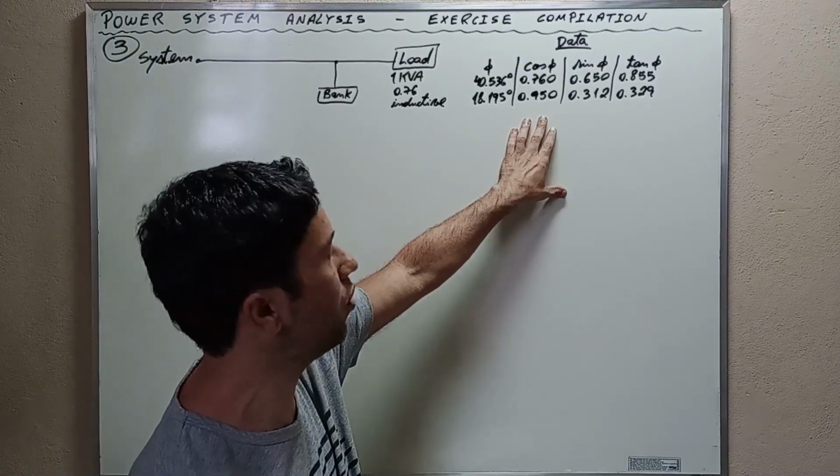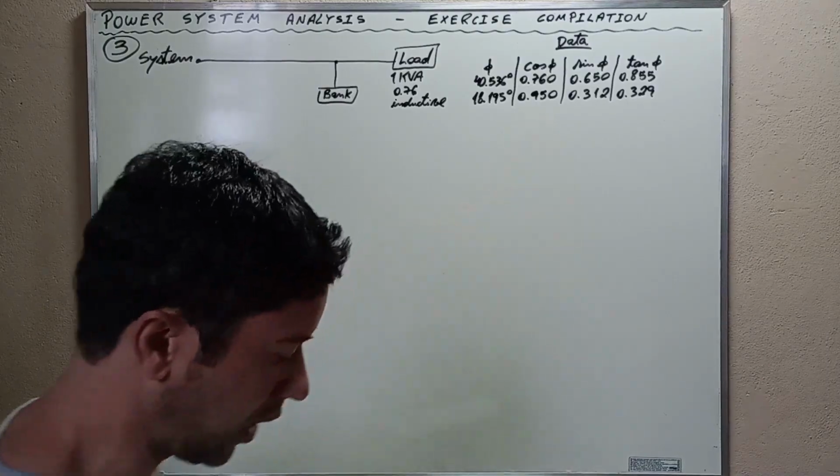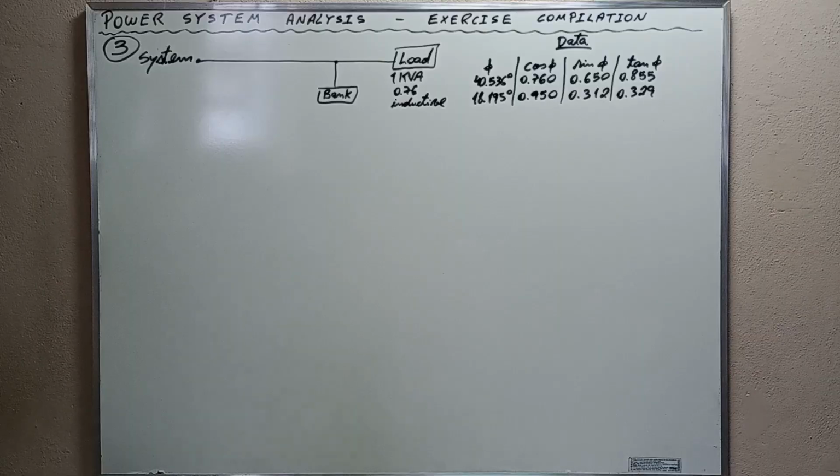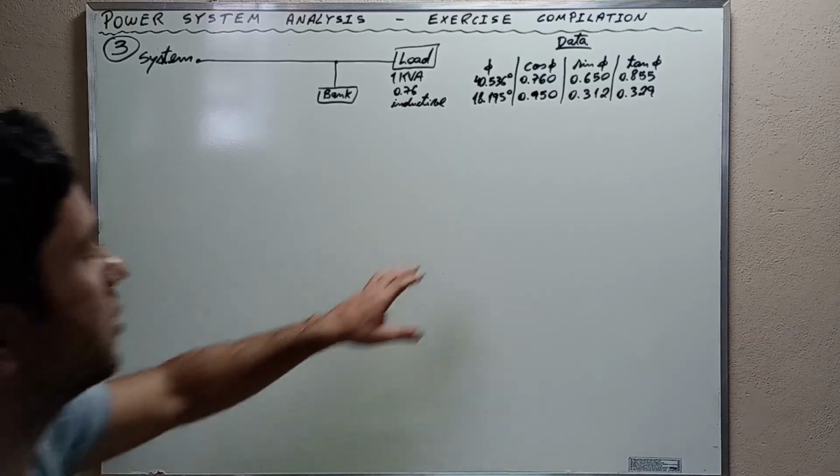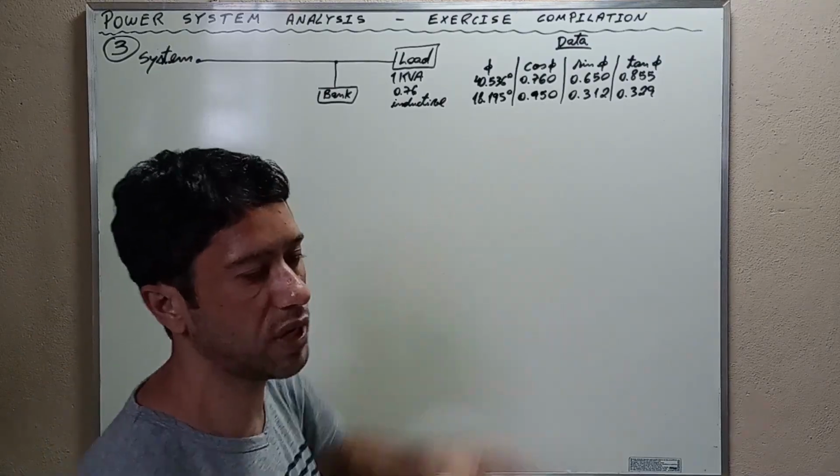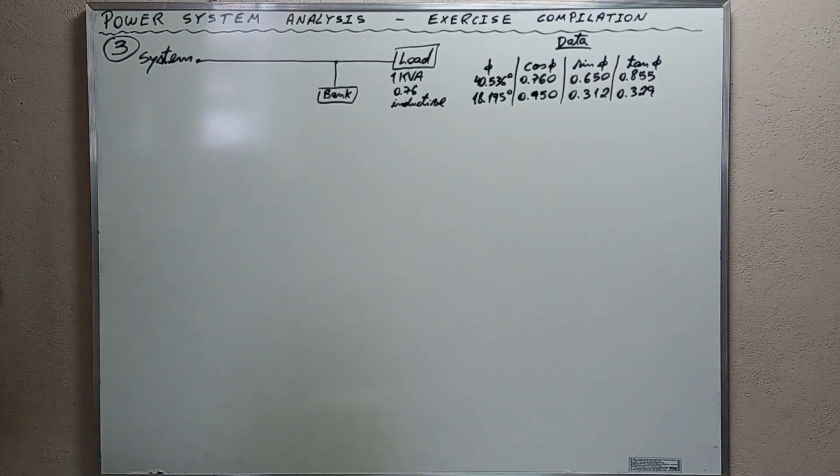The exercise provided this data, okay, because it is an exam and we are forbidden from using calculators. That's why the exercise already provided the angles that we are going to work with. Let's go to the solution. It should be noted that the real or active power of the load is invariant and that the capacitive compensation only reduces the reactive power demanded from the system.